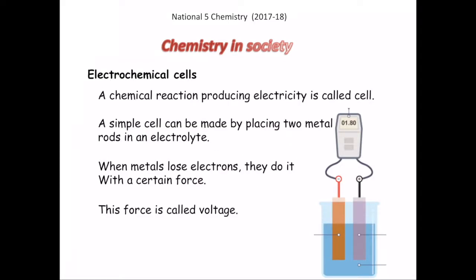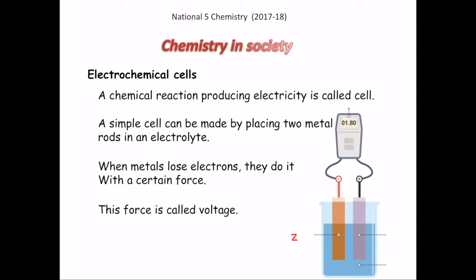Electrochemical cells. Electrochemical cells are the cells that convert chemical energy into electrical energy, producing electricity. A simple cell can be made by placing two metal rods in an electrolyte. So here you can see that we have two different metal rods.